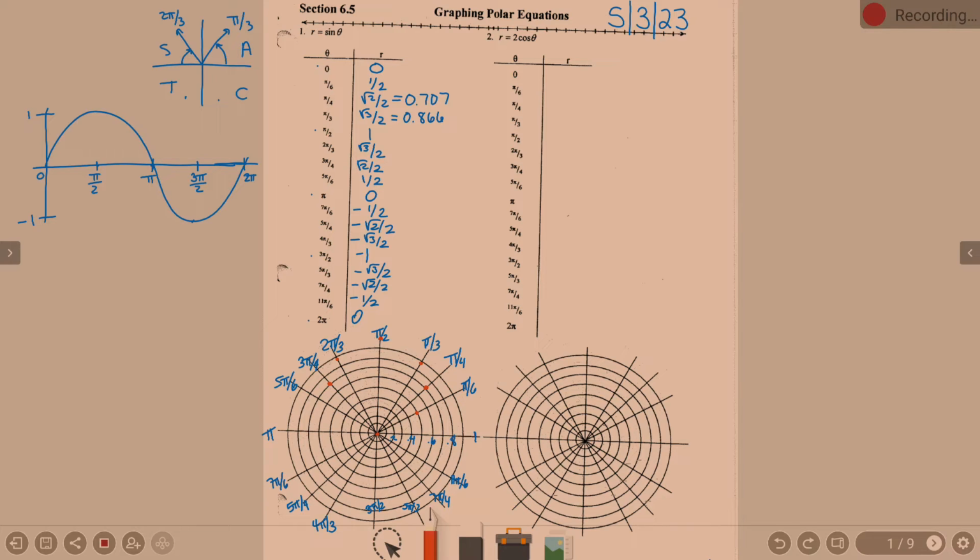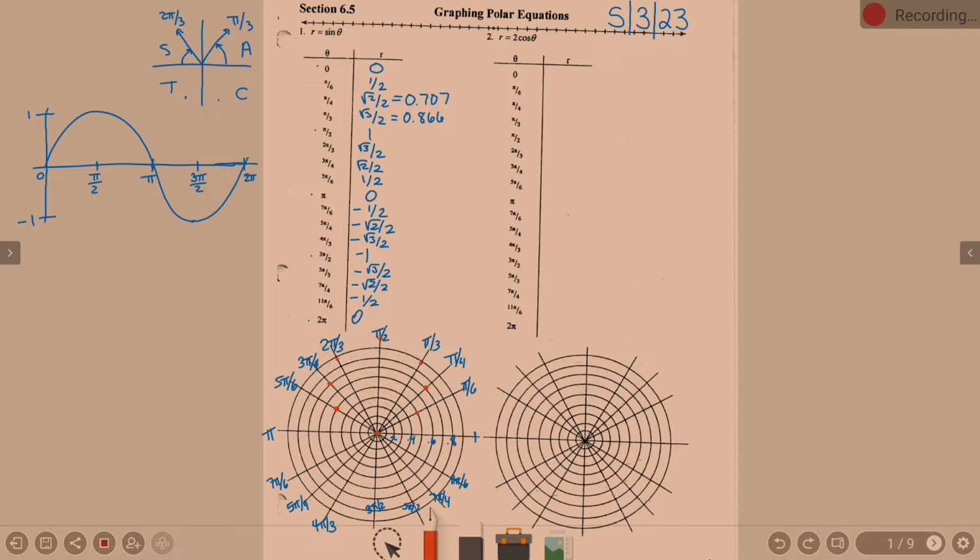Where am I at? 5 pi over 6, 1/2. So 0.5. At pi, we're at 0. So what's that mean? We're overlapping that center dot we already did, yes? Okay. Now what? 7 pi over 6 and negative 1/2.